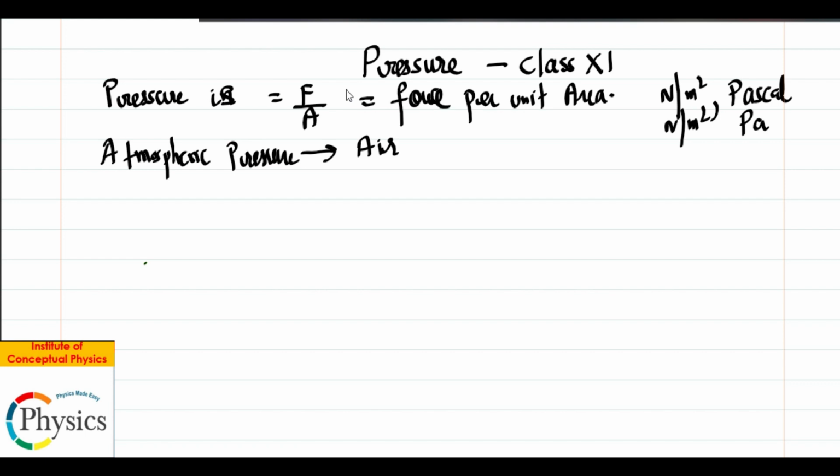In class 11th, in the first chapter, which is basics of chemistry, you see this 10 raised to power 5 pascal, or 10 raised to power 5 Newton per meter square value associated with atmospheric pressure. So it is said that the atmosphere exerts a pressure of 10 raised to power 5 Newton per meter square.